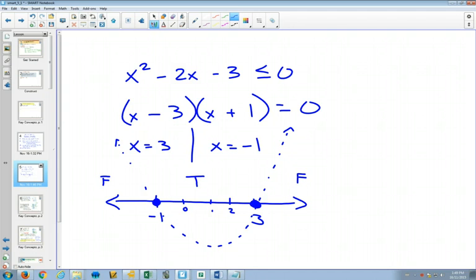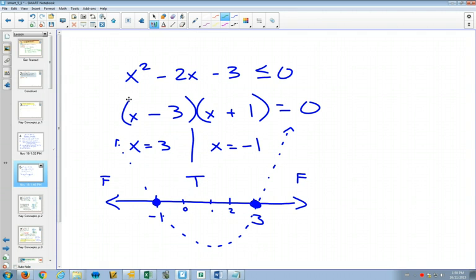Now the way that test points work, if you were going to use that as a strategy, is you would choose a point in each of the sections. Section 1 is before negative 1. Section 2 is between negative 1 and 3. And section 3 is above 3 in this case.